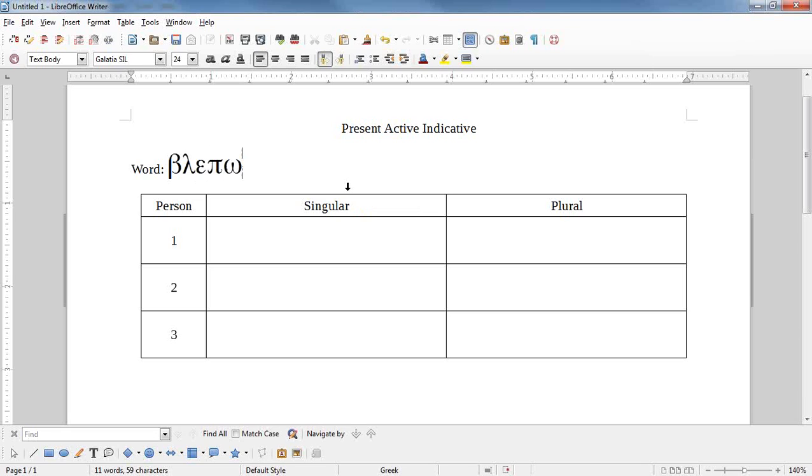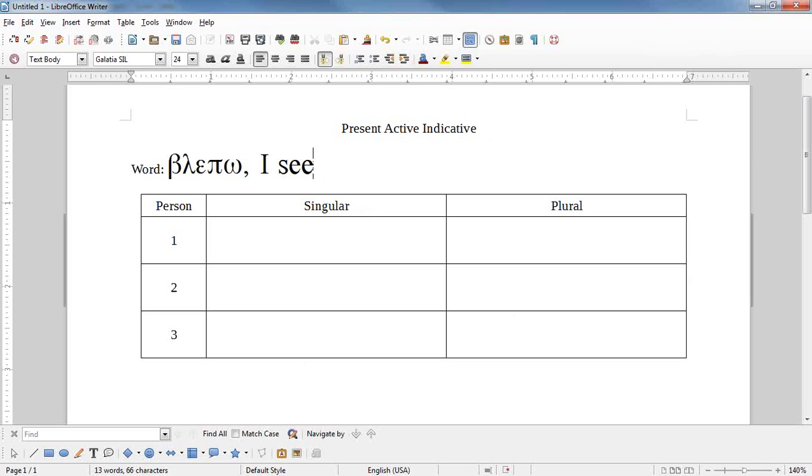Blepo means I see. Now, if anyone wants to raise their hand via webinar to take a stab at it, someone tell me what the stem of this verb is.